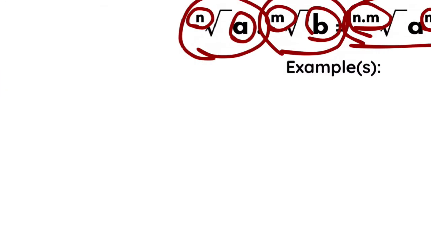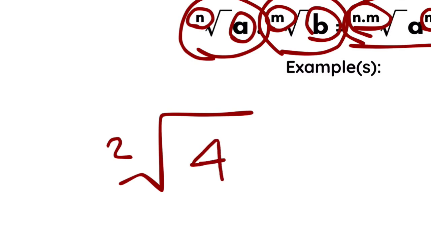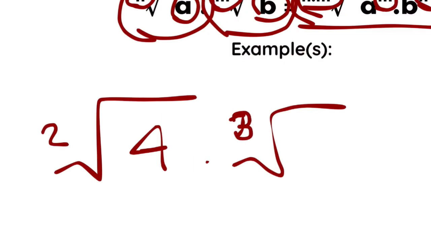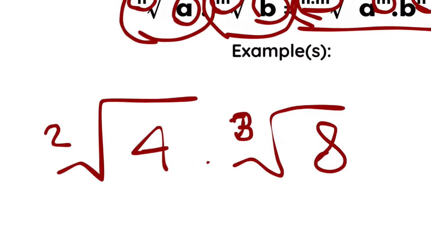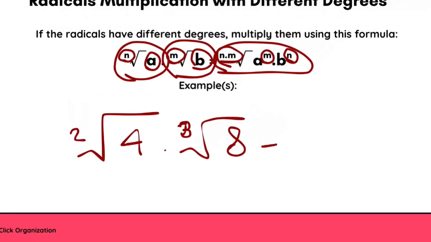For example, I have the second root of 4 times the third root of 8, okay? This will be the same as 2 times 3, which is 6, right?